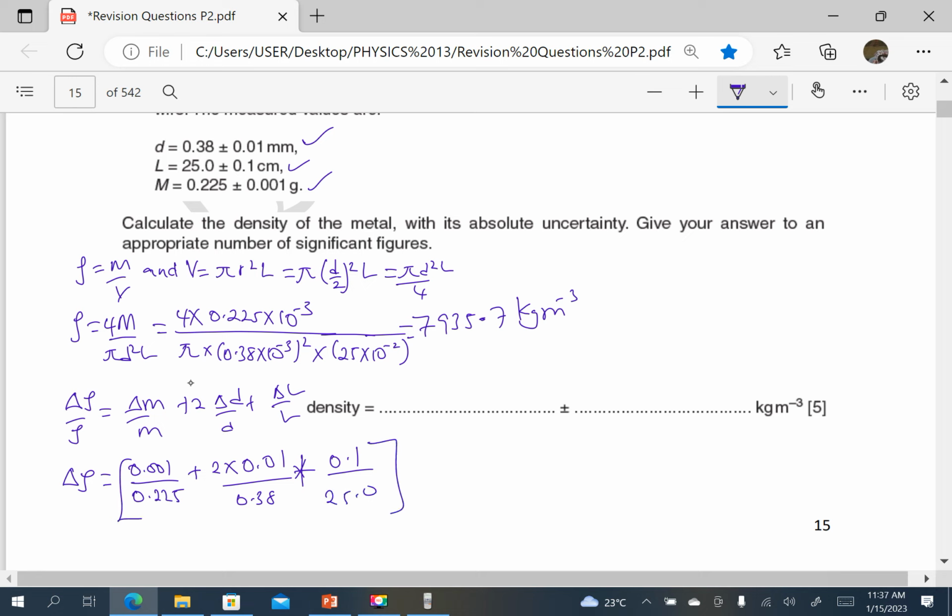And I will multiply this by the value of rho, that is times 7935.7.